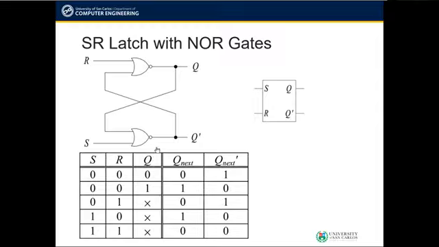Q prime is just not included in this illustration and discussion since it can be easily obtained as a complement of Q. Q next is the next value of the output Q after considering the present values of the inputs S and R and the present value of the output Q. Q next prime is simply just the complement of Q next.